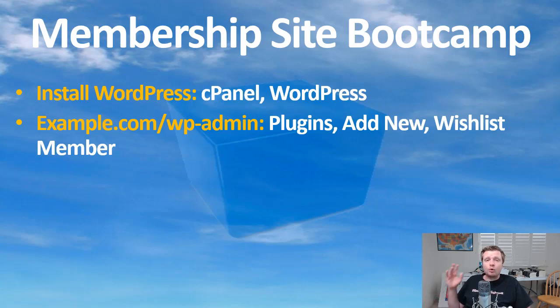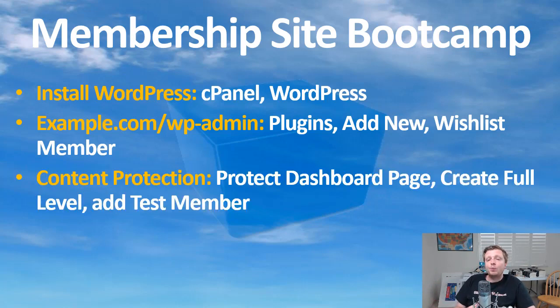Once we're there, we'll go to plugins, add new, and install that Wishlist Member plugin that we were given, and also probably add our licensing information, I assume, but this is my first time using the new version. So we install WordPress, we add the Wishlist Member plugin, and once that's done, we need to first protect some content.